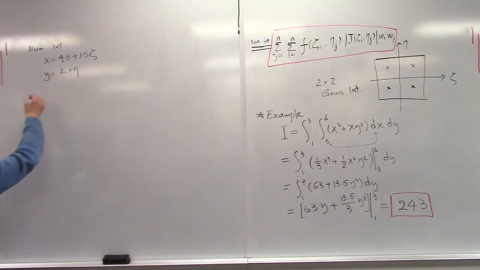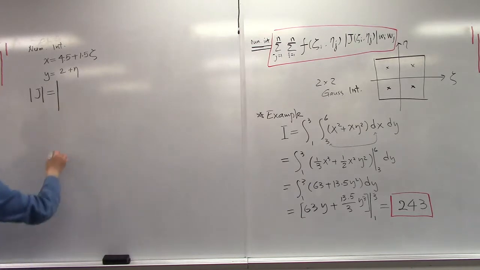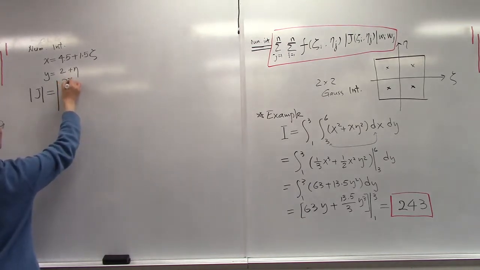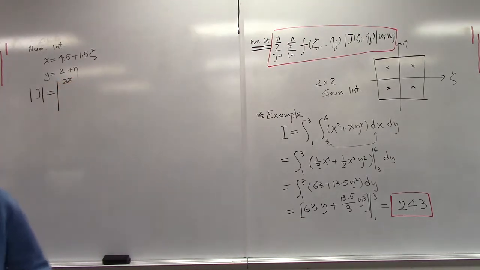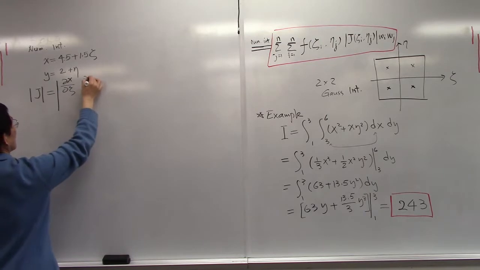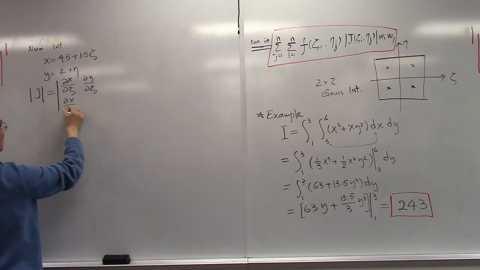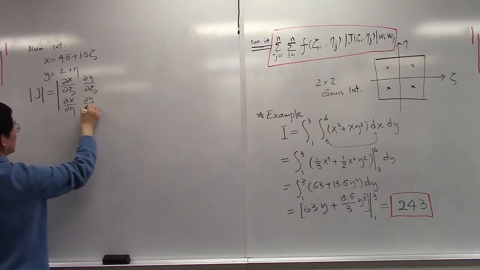All right? Next, we need to calculate the Jacobian. The Jacobian, by definition, is the determinant of partial x partial theta, partial y partial theta, partial x partial eta, partial y partial eta.